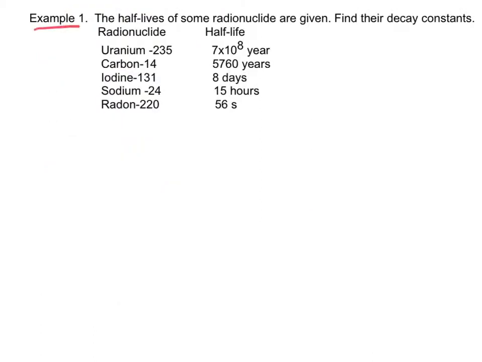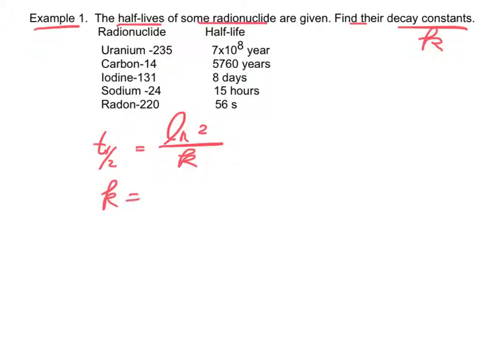Example 1. The half-lives of some radionuclides are given. Find their decay constant k. Since half-life equals log 2 over k, we have k equal to log 2 over half-life.